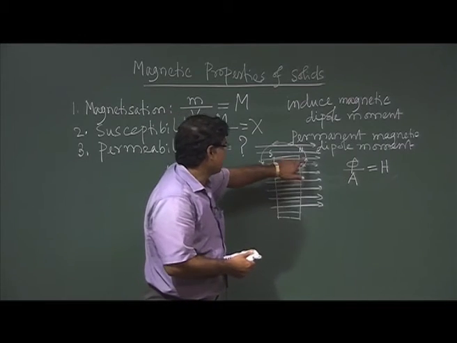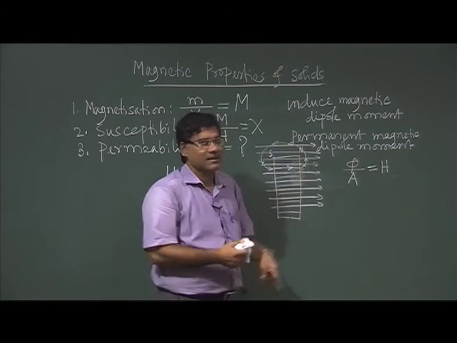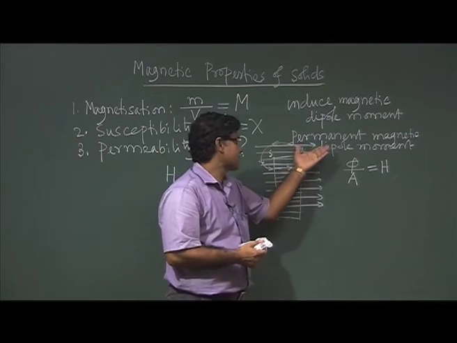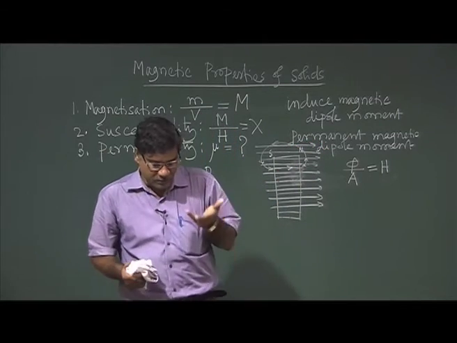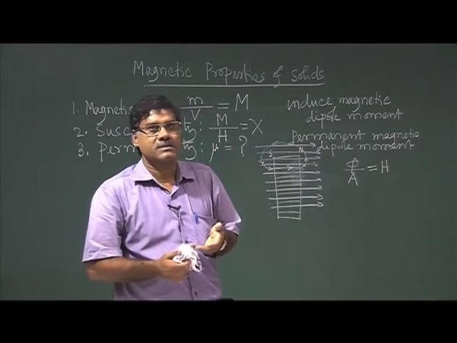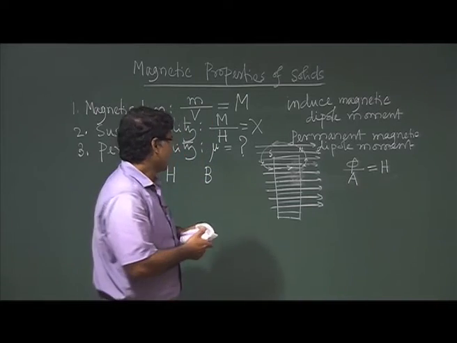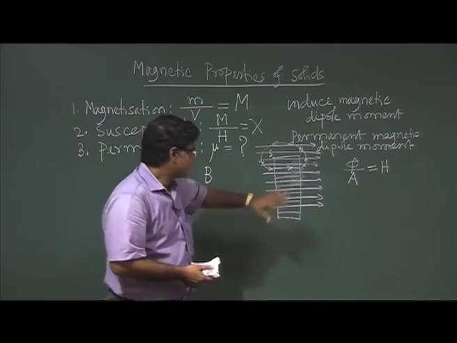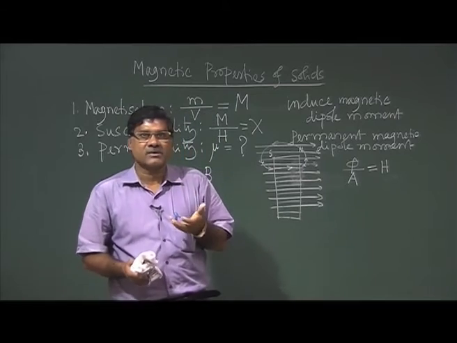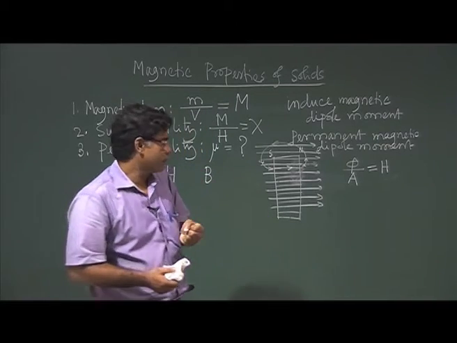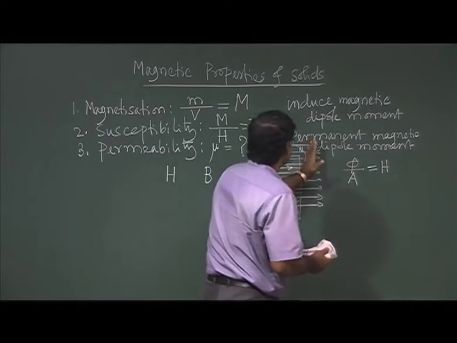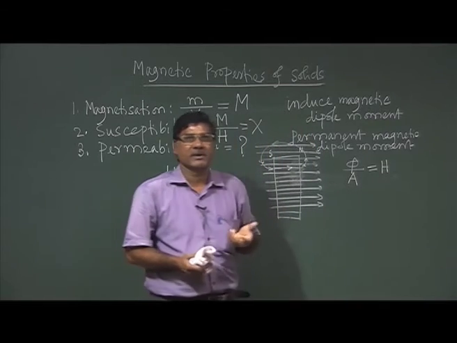So outside they will cancel, or reduce the strength of, this external magnetic field. So what will happen is inside the material the lines of force will be more, and outside the material the lines of force will be less.